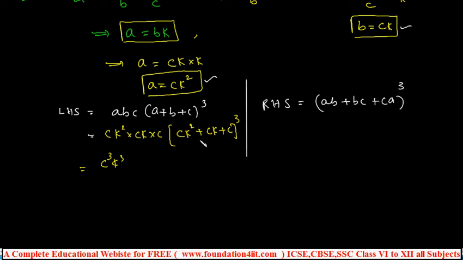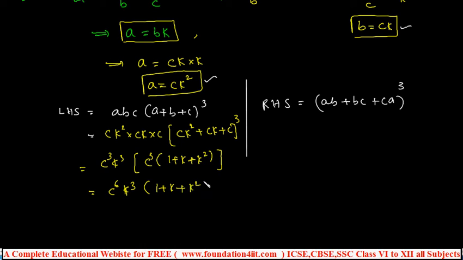From this, if you take C common, that means C cube. From inside, if I take C common, the remaining is overall cube. The remaining is 1 plus K square. To simplify more, this is C to the power 6 K cube into the bracket 1 plus K square.